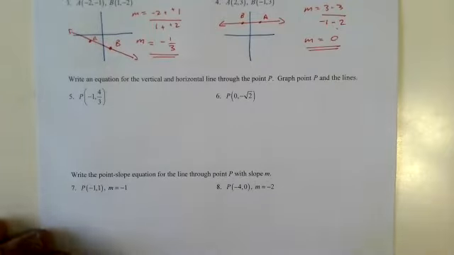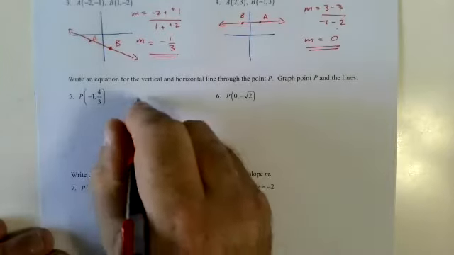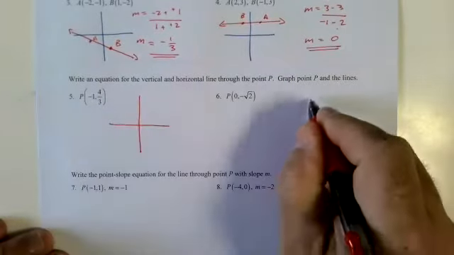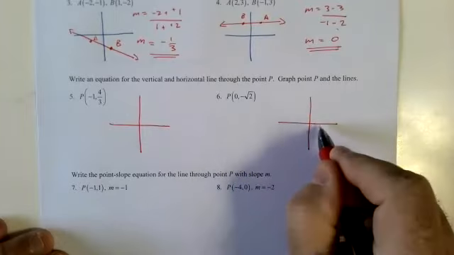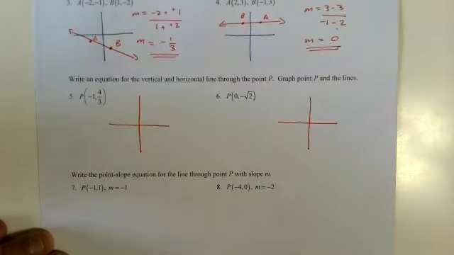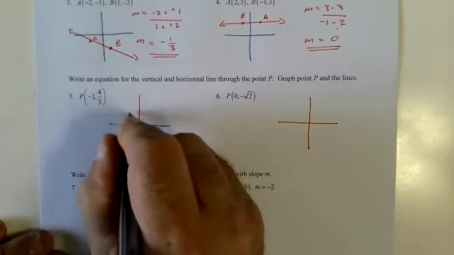So this is just practice to make sure you remember how to do your vertical and horizontal lines. Notice how I don't put tick marks in here unless I have to. Always about saving time.